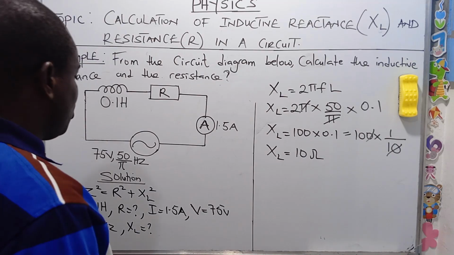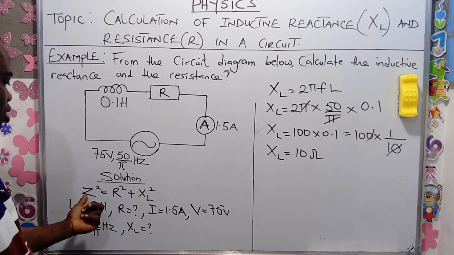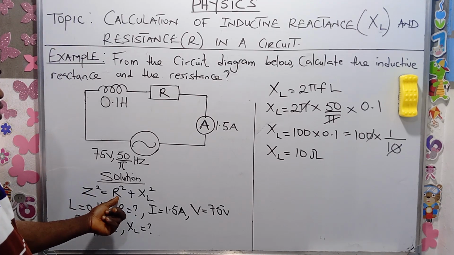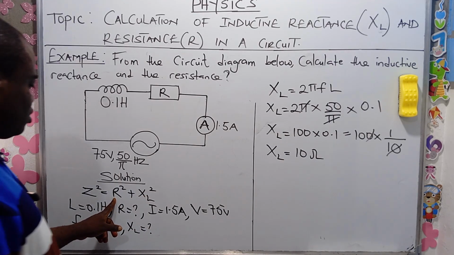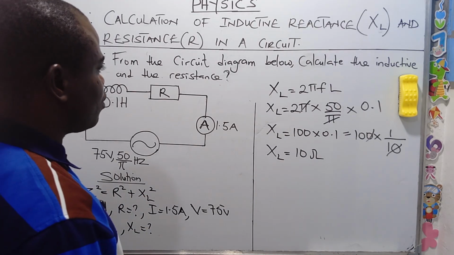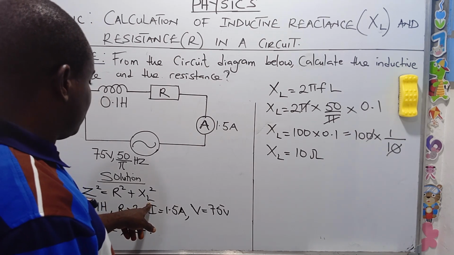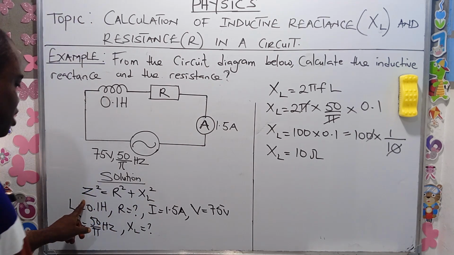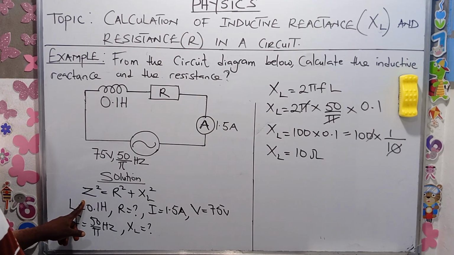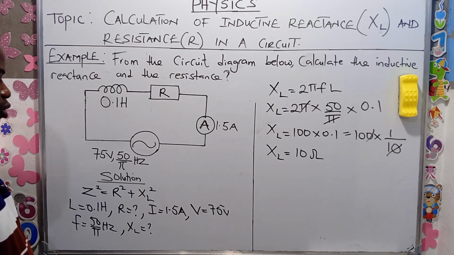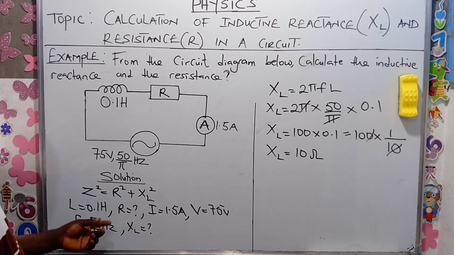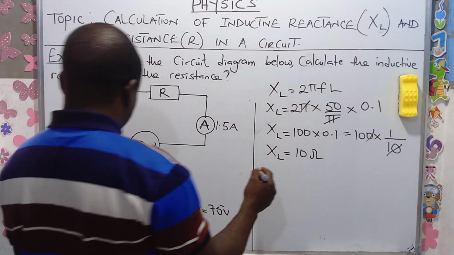Now from here, we can go back to the formula Z squared equals R squared plus XL squared. So we're looking for the resistance. We have gotten the XL squared. The impedance we can also get, but we don't know the resistance. What you need to do is to carry out your substitution.